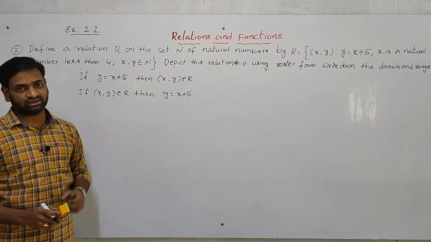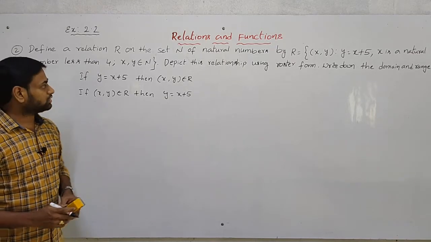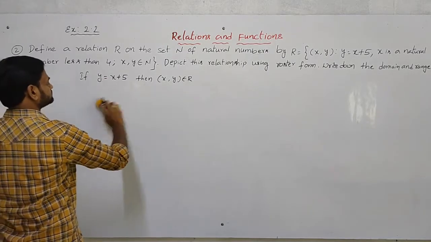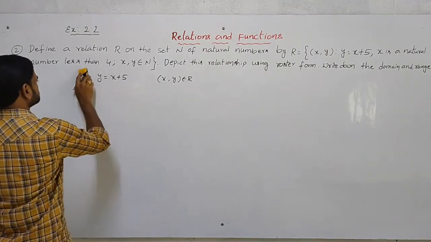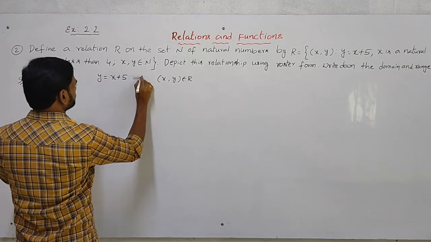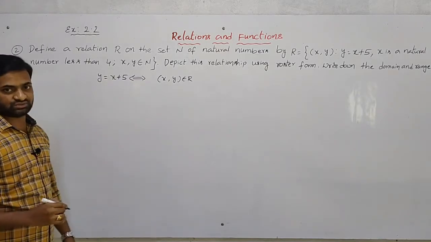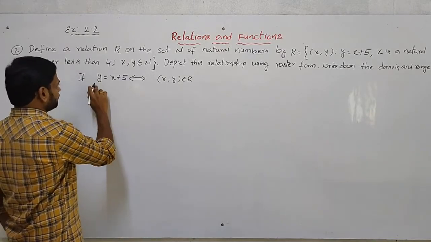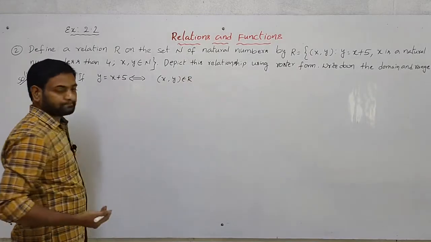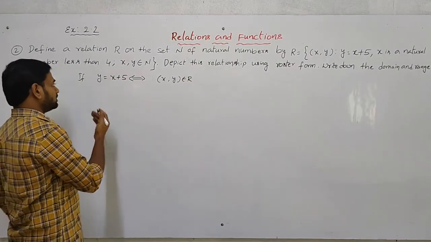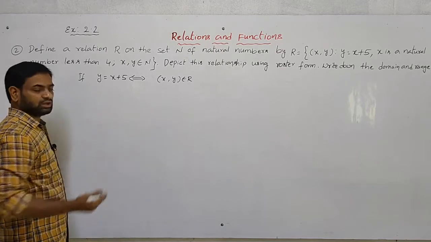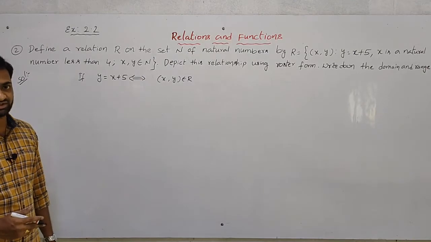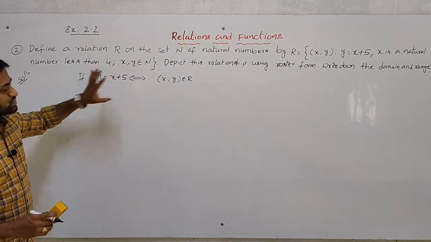That is another condition. So combined, I am writing it as a two-way condition. If y equal to x plus 5, then (x, y) belongs to R, or if (x, y) belongs to R, then y equal to x plus 5. That is the condition.